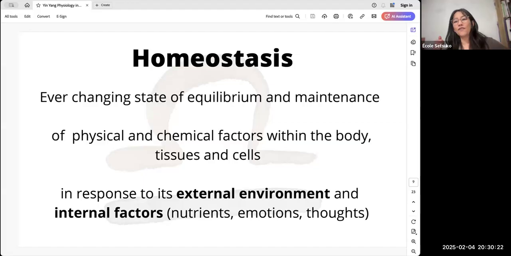When you run and you have a lot of physical activity, what happens? You start to sweat. We start to release the internal heat to again maintain balance or homeostasis. So this is always happening, whether we're aware of it or not. And the body is beautifully functioned and programmed to do that.